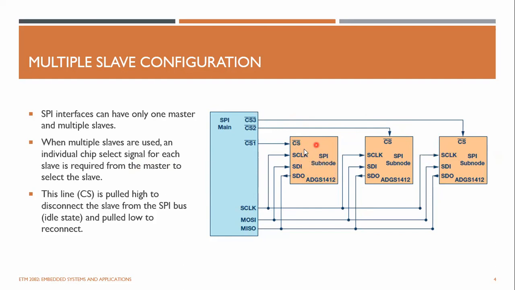If you want to initiate communication with this one, you have to select this one and disable these two. If you want to communicate with this one, disable these two and select this one. Likewise, while sharing the same data lines and clock lines, you can communicate with all these slaves one at a time.